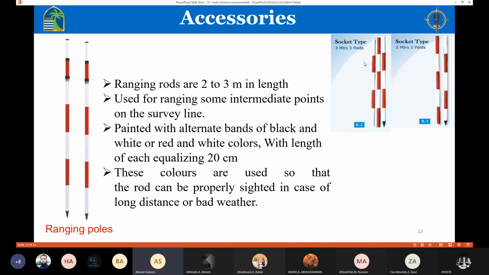And the 3 meters can be folded into 3 folds, so that we can carry the ranging poles without any problem, because if you have 2 meters or 3 meters, it's difficult to get this with you in the car, right? That is why it can be folded. We're going to see that in the lab.